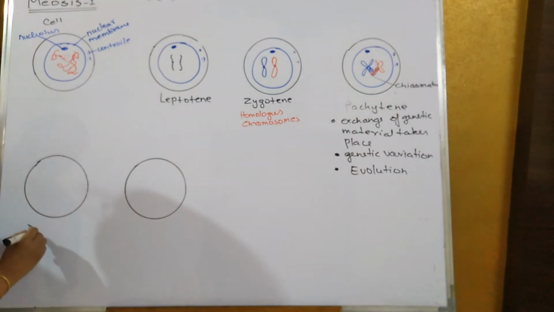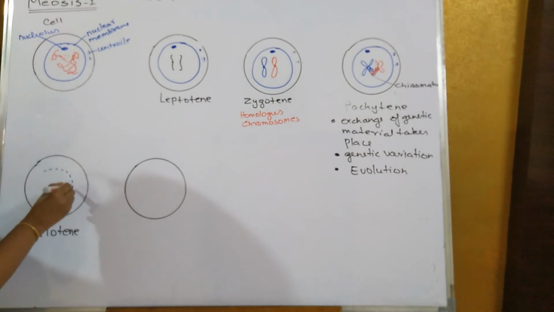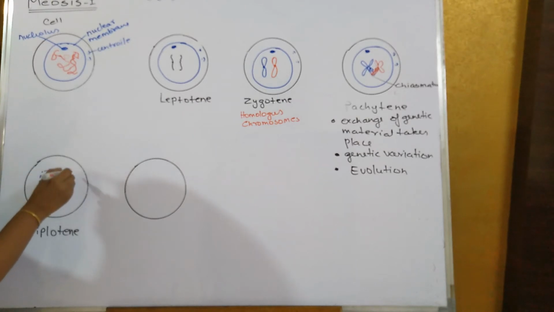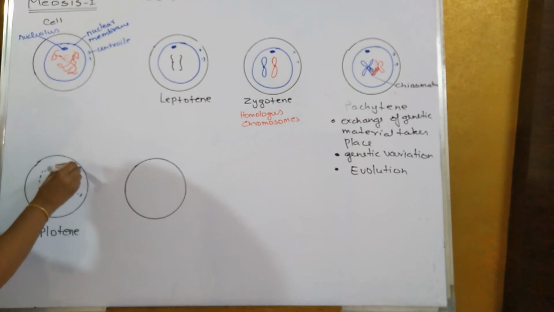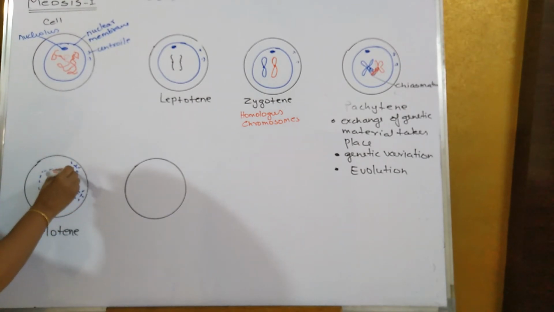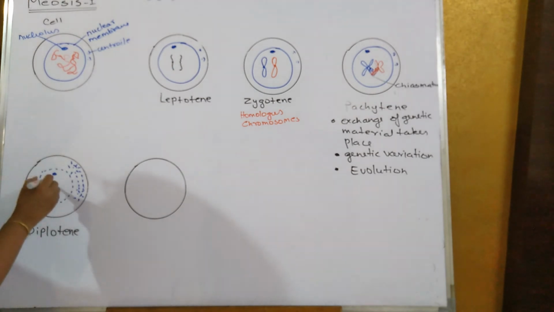Diplotene. Now in diplotene the nuclear membrane starts disappearing, the nucleolus also starts disappearing, and the centriole starts moving towards the opposite pole, and they are connected to each other by spindle fibers, and the chromosomes try to repel each other.